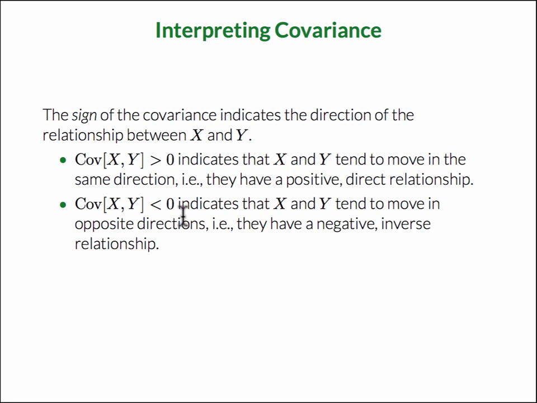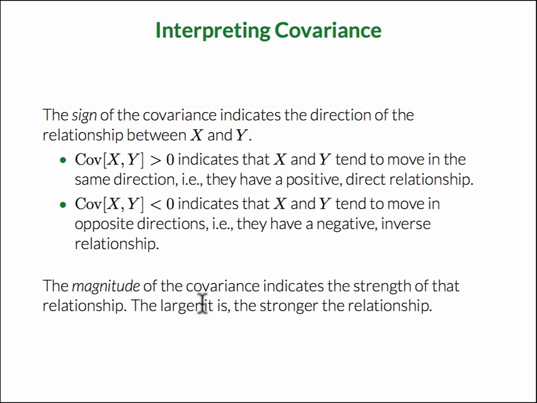A negative covariance indicates that X and Y tend to move in opposite directions. Some people would say that they have a negative or inverse relationship. Now, we haven't talked much about the magnitude, but the magnitude of the covariance indicates the strength of that relationship. The larger the magnitude, the stronger the relationship.